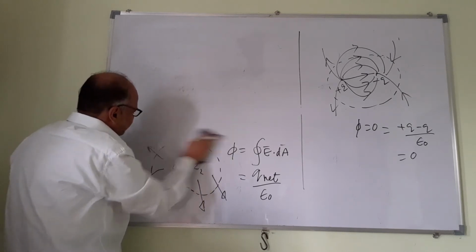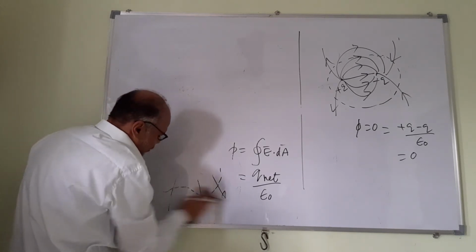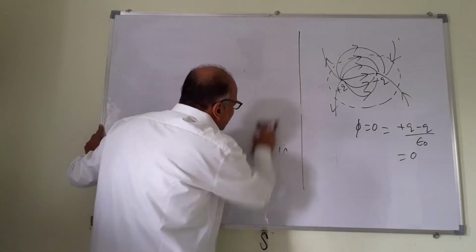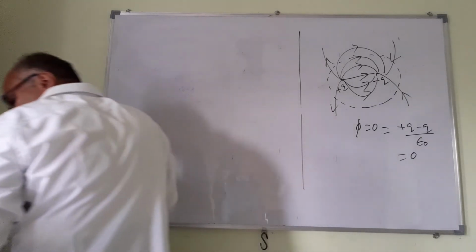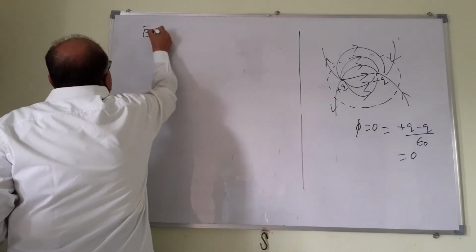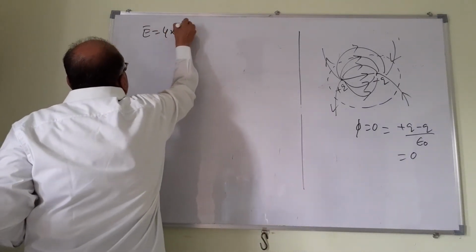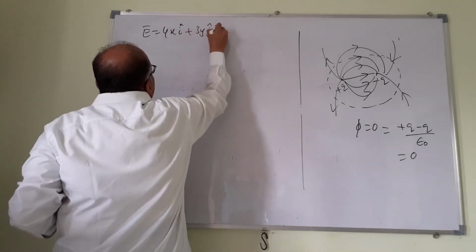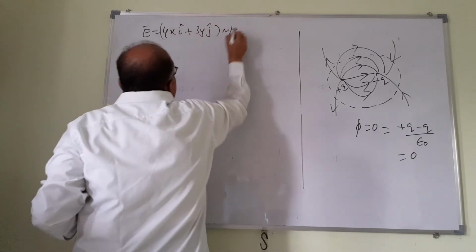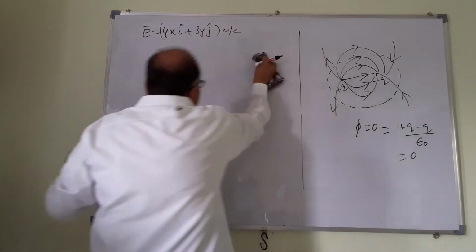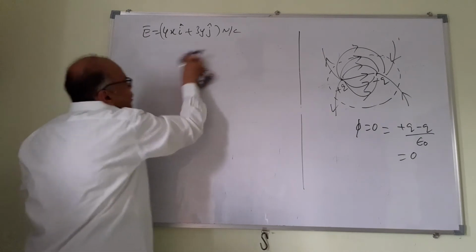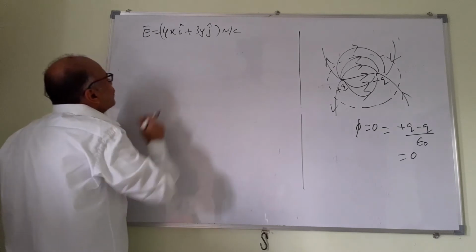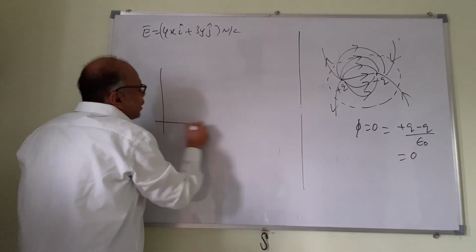The electric field E is given by E equal to 4xi plus 3yj Newton per Coulomb, where x and y are the coordinates of any point in the xy system.